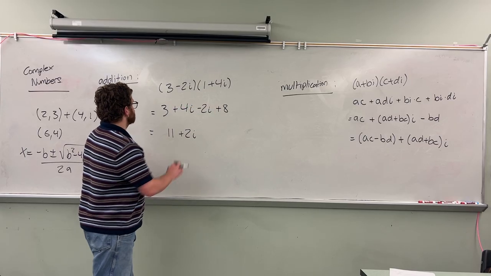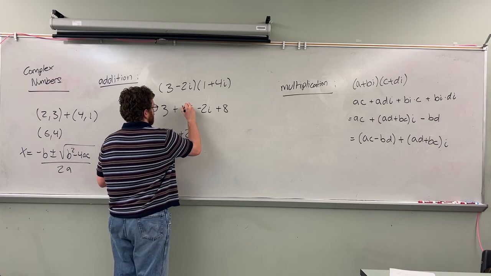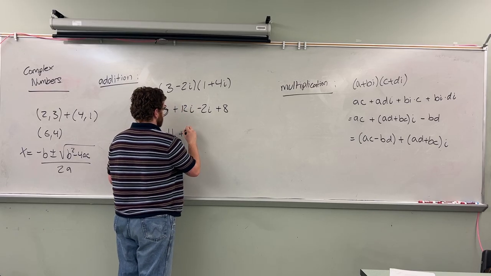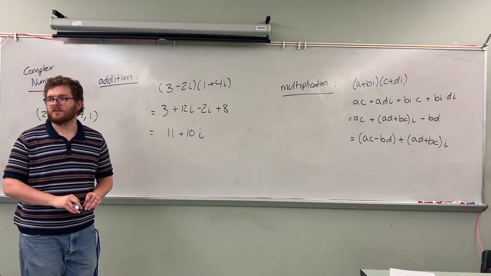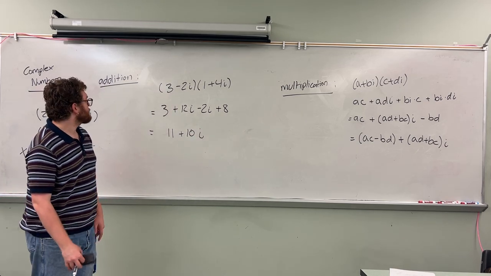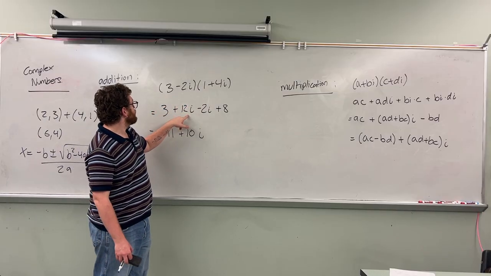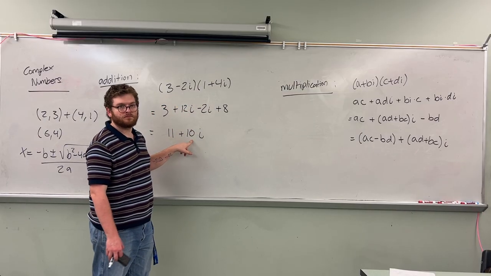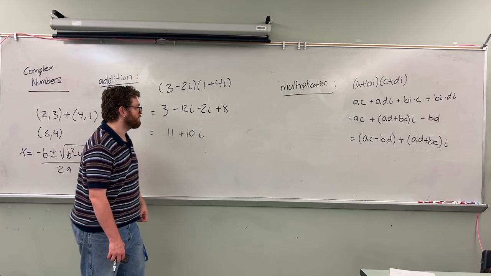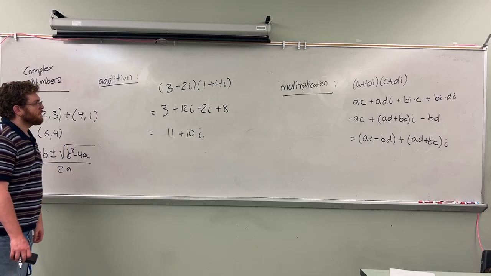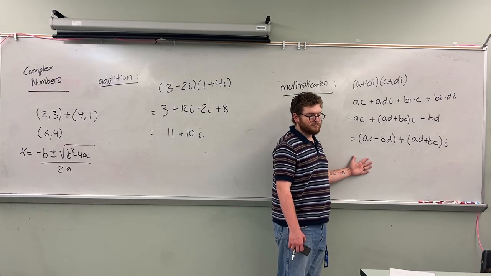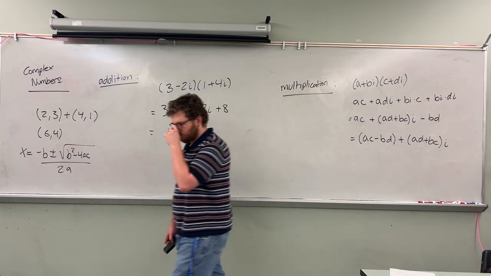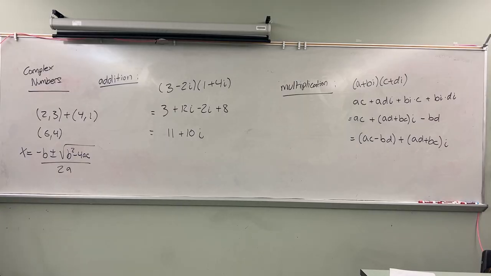Why did I put 4i? That's 12i and that's 10i. My apologies. I make silly little arithmetic mistakes all the time, so I apologize for that. So 3 times 4 is 12, minus 2 is 10. So it works out the same way as well. Any questions about complex multiplication?